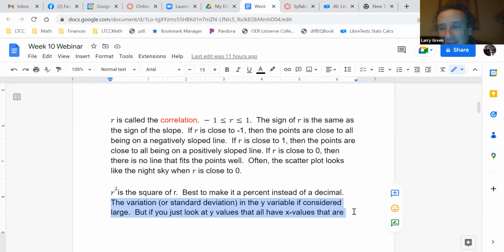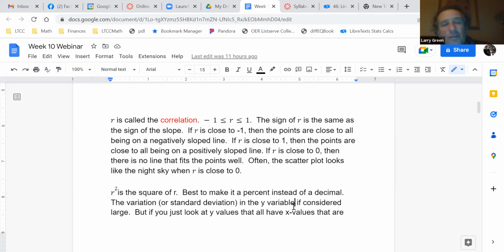Some might be at 87, some might be at 98. But they're not going to be as varied. They're not going to have as high a standard deviation as everyone in total. And that standard deviation is on average reduced by R squared percent. Any questions on that idea?